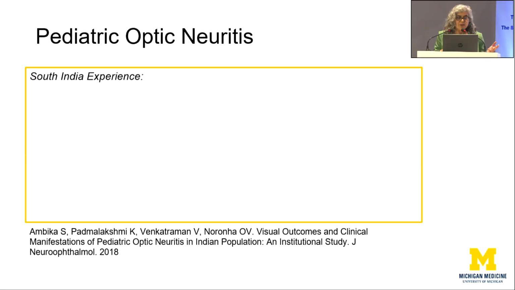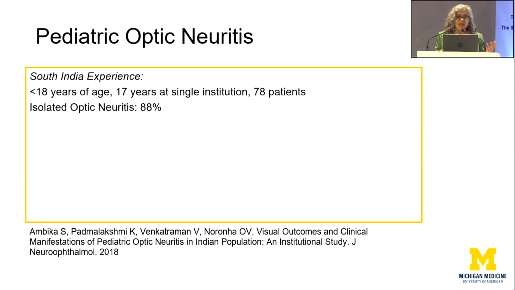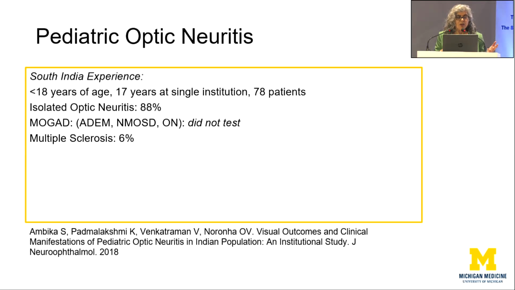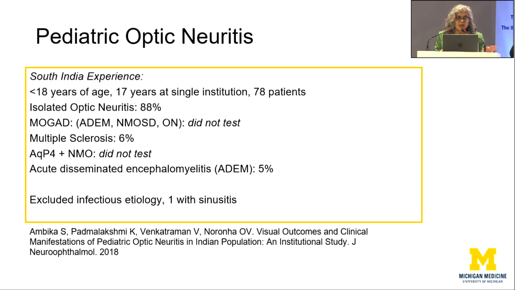There was a South Indian study, a retrospective one, but they did not do MOG and NMO testing at that time. So all we can take from here is that multiple sclerosis was not common in these patients. So they can mostly present with isolated optic neuritis in children.